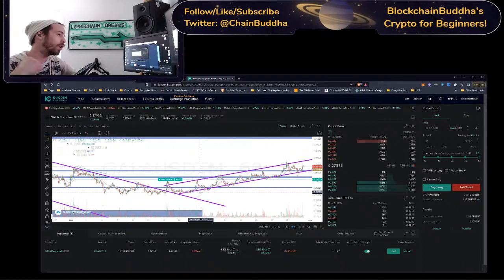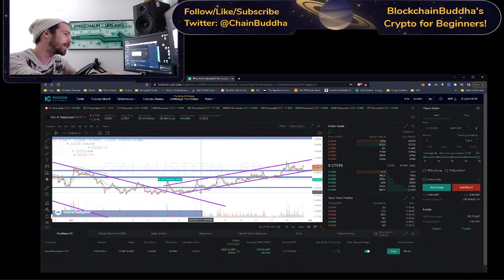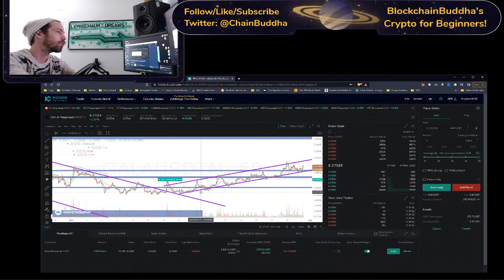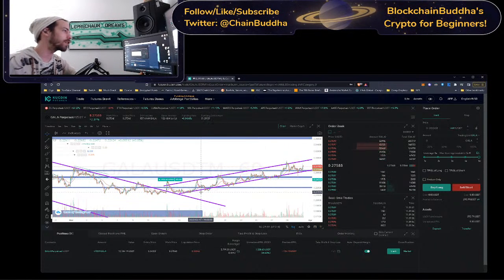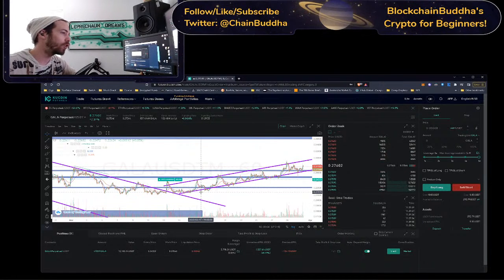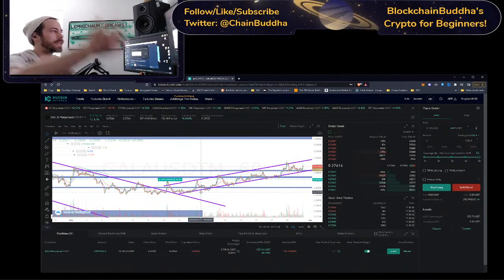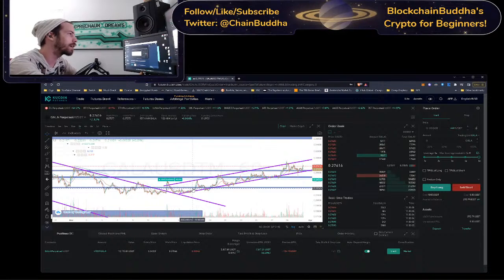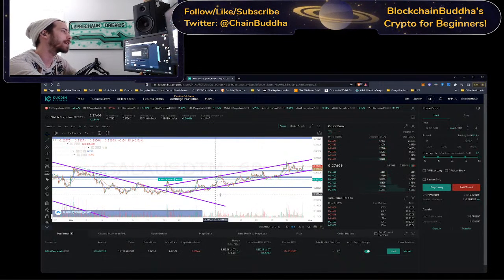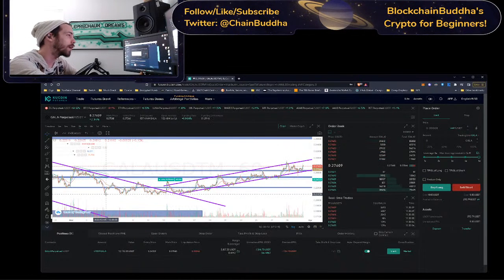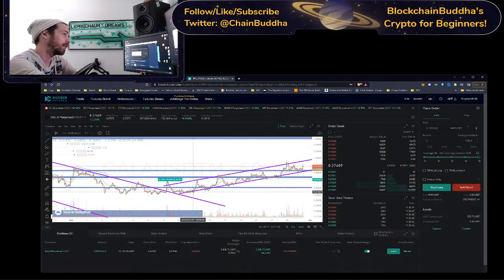That is a 250% increase on whatever amount of your portfolio you're using as a trade. You would have been able to increase that by 250% in a 15-day time period. That's the power of trading during a consolidation phase, right?